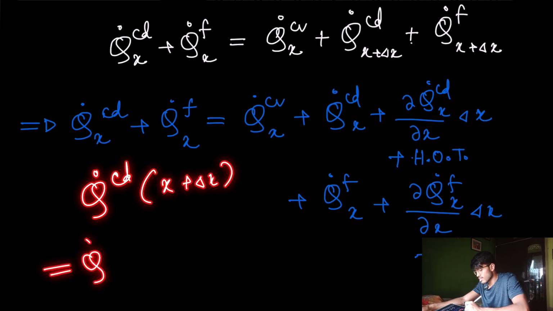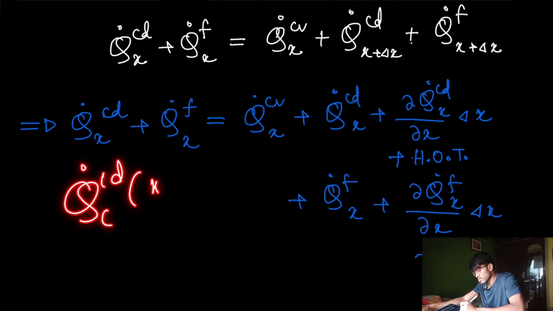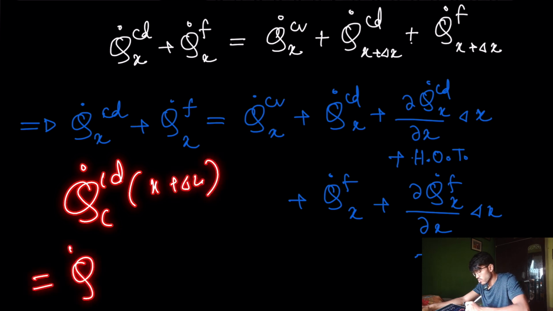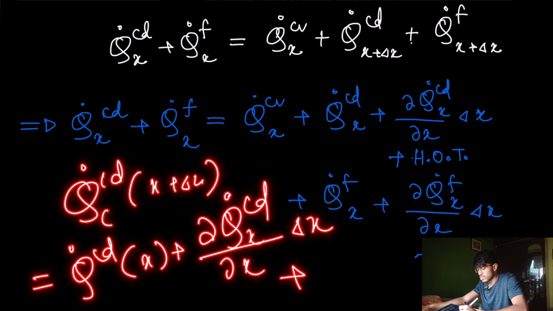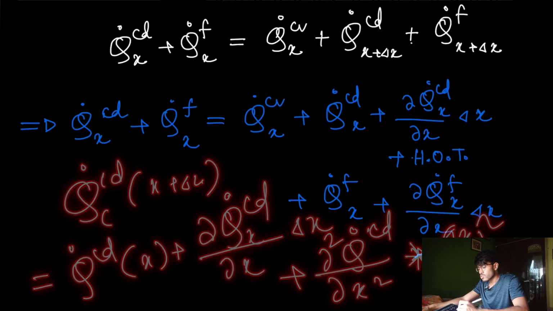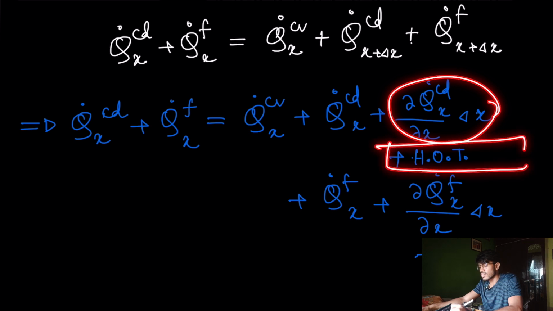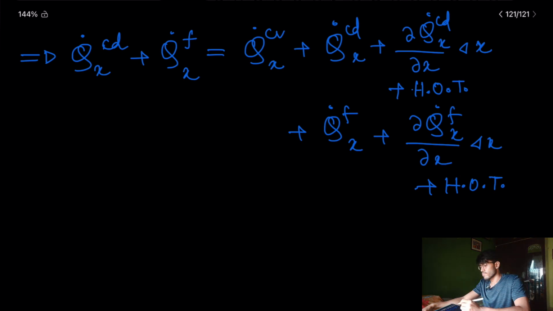If I write the Taylor series, this will be q conduction at x plus del q conduction by del x into delta x, plus del 2 q conduction by del x2 into delta x square by 2 factorial, all these things. After this term, all other terms I have written as higher order terms, HOT, clear? Okay, that is fine.